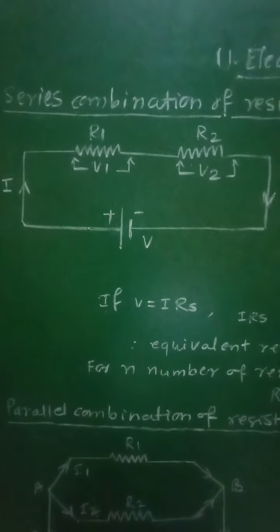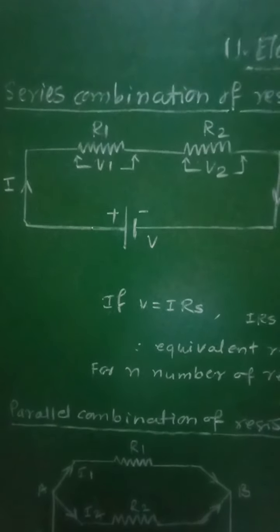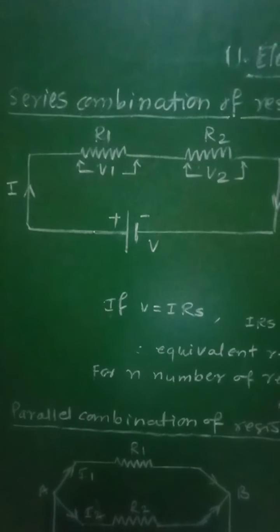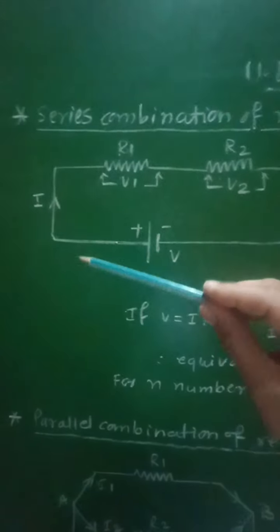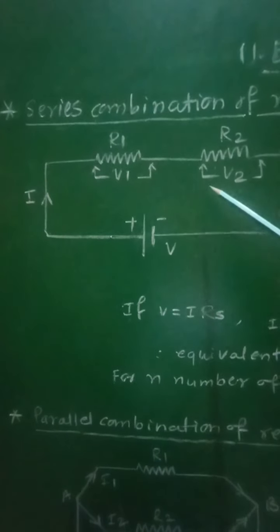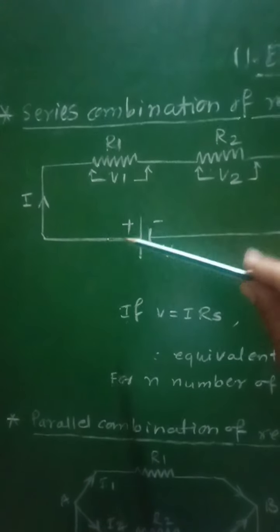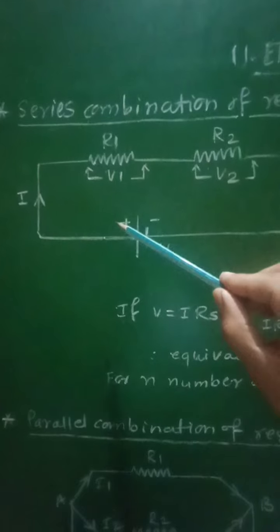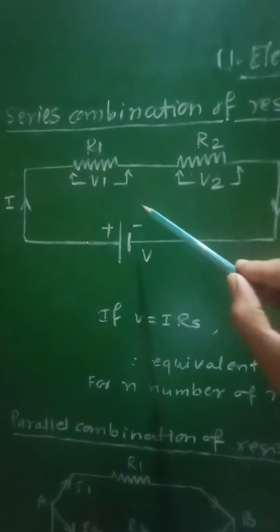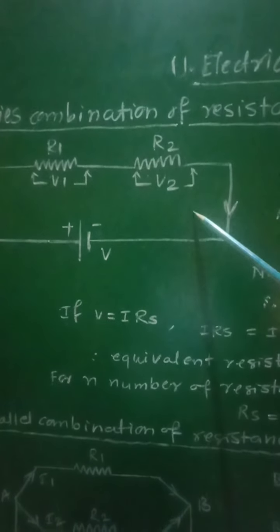combination of resistance. Hence, as the resistors are connected in series, the same current I flows through each resistance R1 and R2.